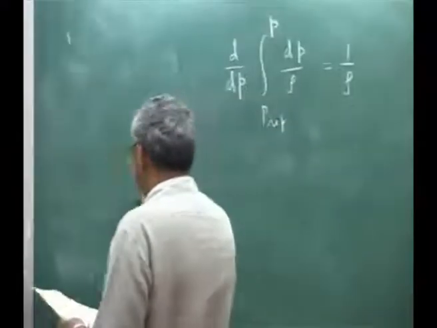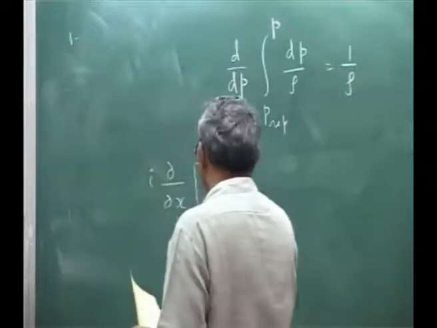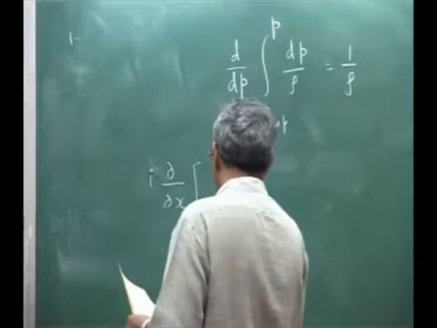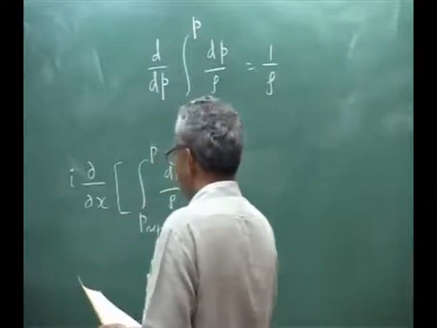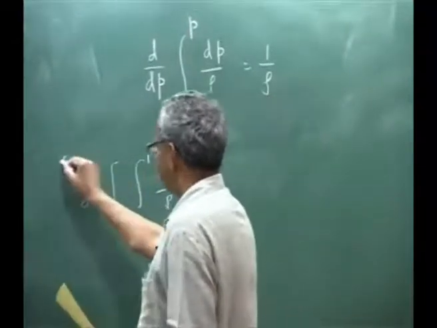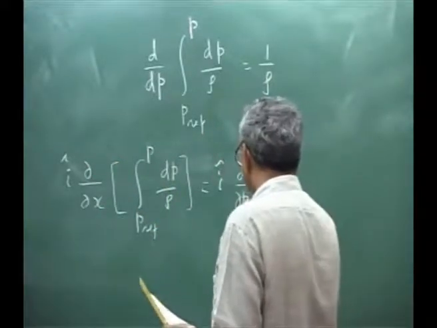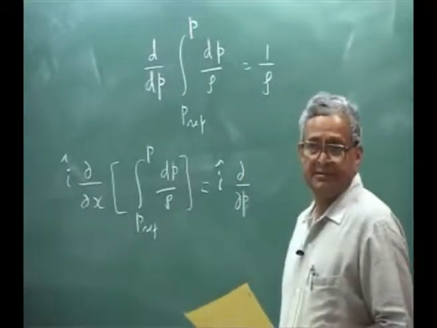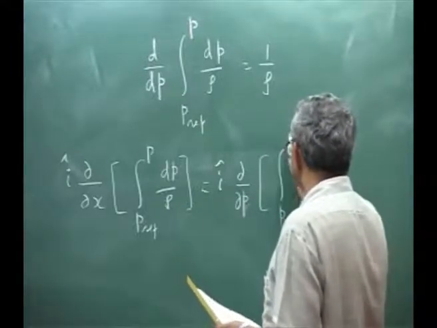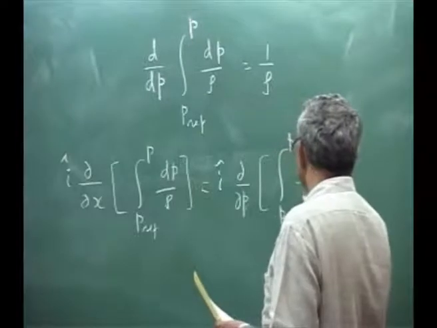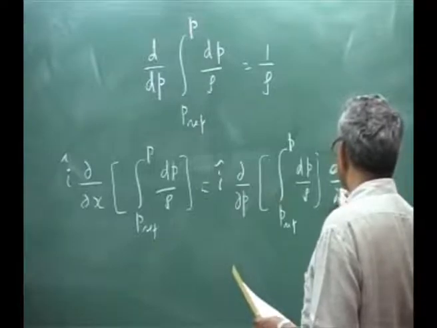Now, if I write like this, i delta by delta x of the integral from p reference to p of dp by rho. I am writing it with i as the unit vector, delta by delta p, into delta p by delta x.